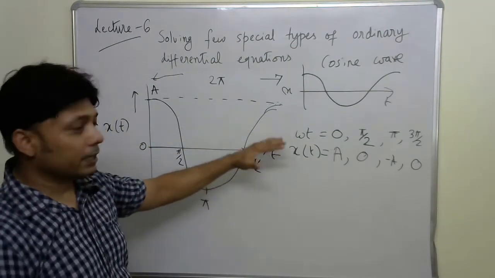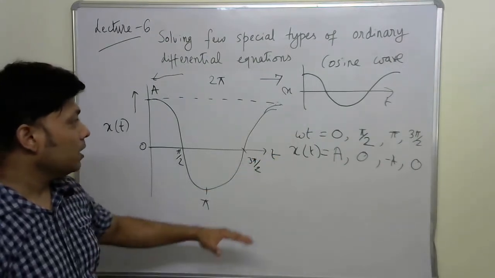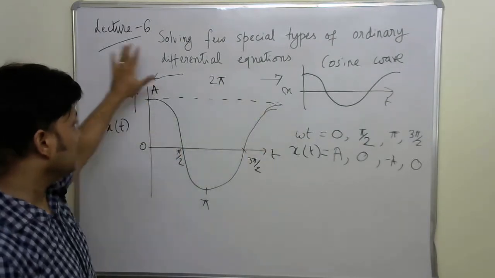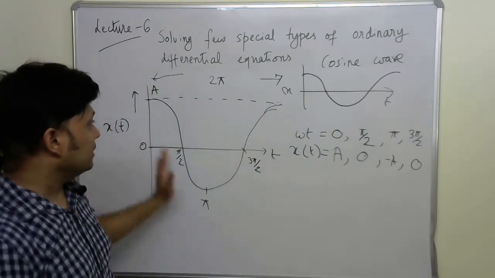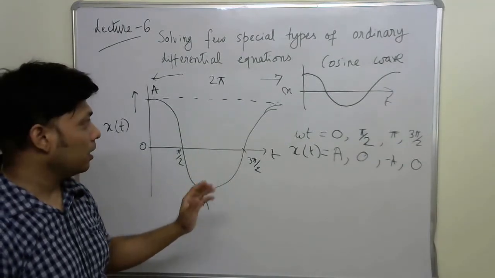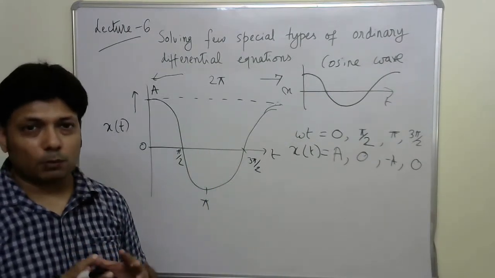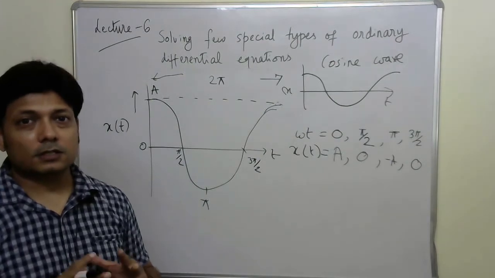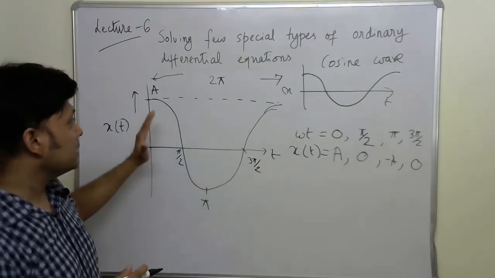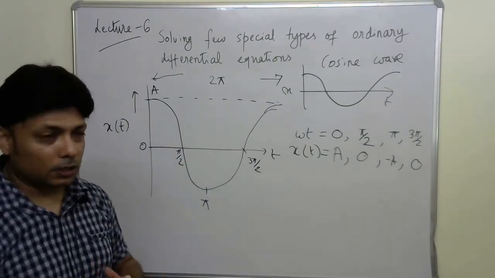So now we get the graphical plot of x(t) is equal to A cos omega t. We see that the solution graphically represents a cosinusoidal wave, just like a sine wave. This is a solution for a specific type of motion, called simple harmonic oscillatory motion.